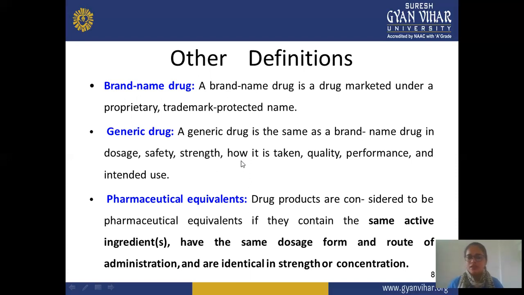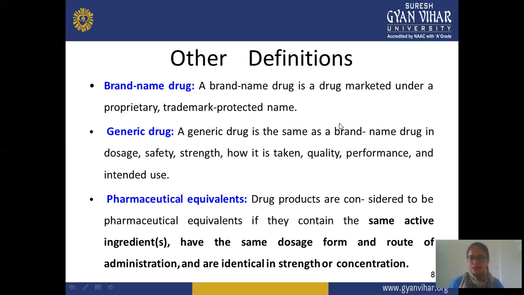And drug products are considered to be pharmaceutical equivalents if they contain the same active ingredient, have the same dosage form and route of administration, and are identical in strength or concentration. Means both drugs have the same pharmaceutical active ingredient and same dosage form.